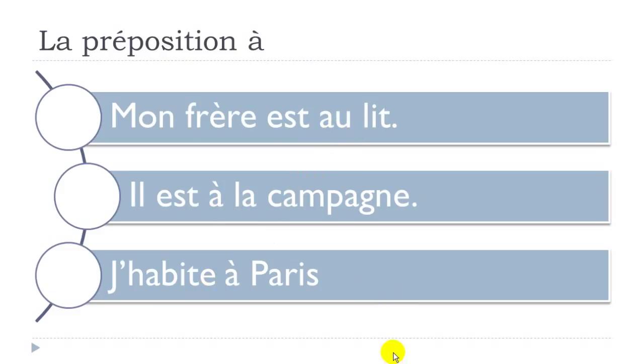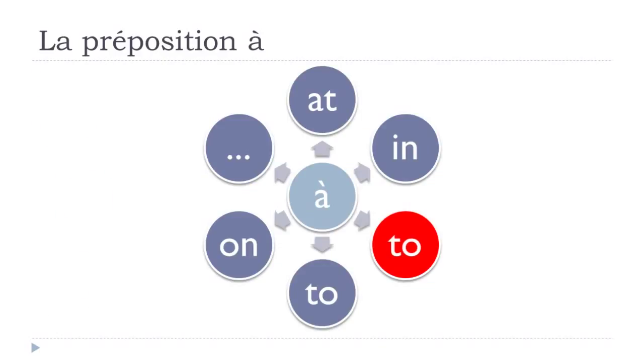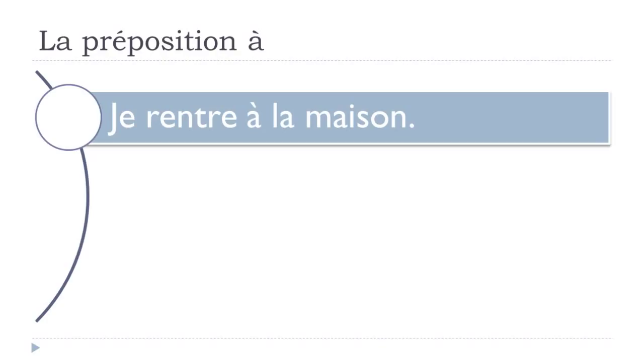Let's see another use of à, and it would be to. Few examples. Je rentre à la maison. Okay, so in that case, rentrer, it's to go back. All right, so je rentre à la maison. And when we want to introduce this concept, then we should use this à la maison. Je rentre à la maison.